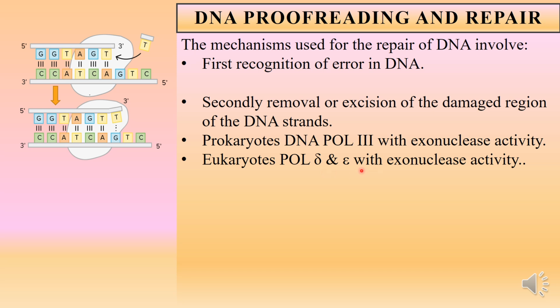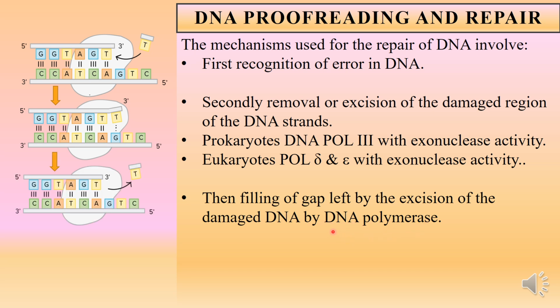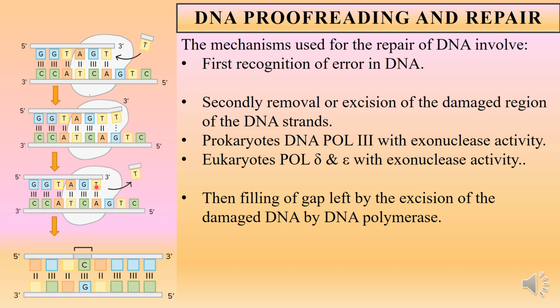Both are exonucleases. Now, once this wrong base is removed, there is a gap left, or a hole, and this hole needs to be filled. So the filling of the gap left by the excision of the damaged DNA is done by DNA polymerase. And now once this is excised and removed, the gap will be filled. So the right base is now attached.